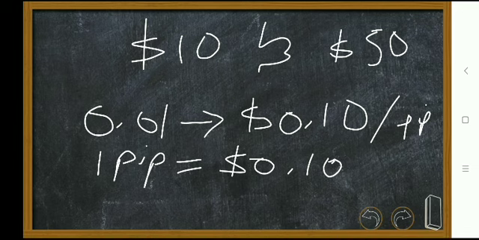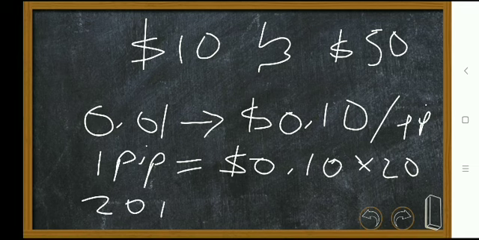What you will do is multiply this by 20, because say 20 pips, you multiply this by 20. Then it will be, for 20 pips, that's $2.